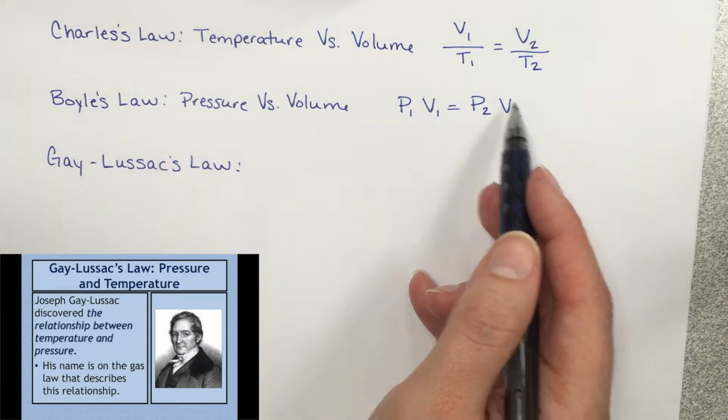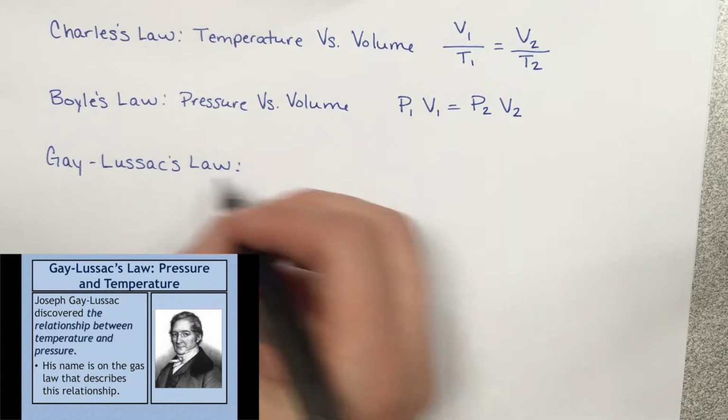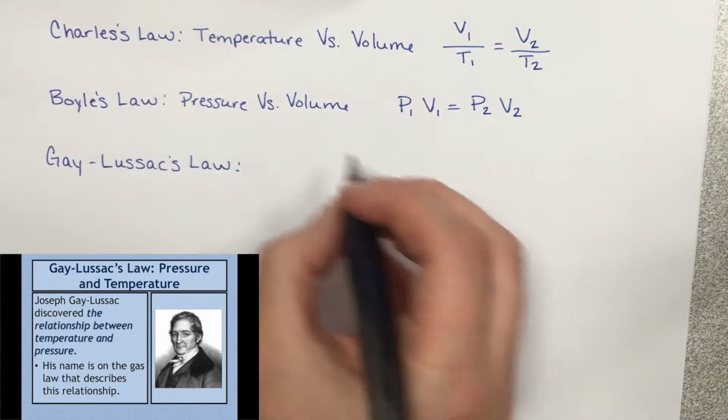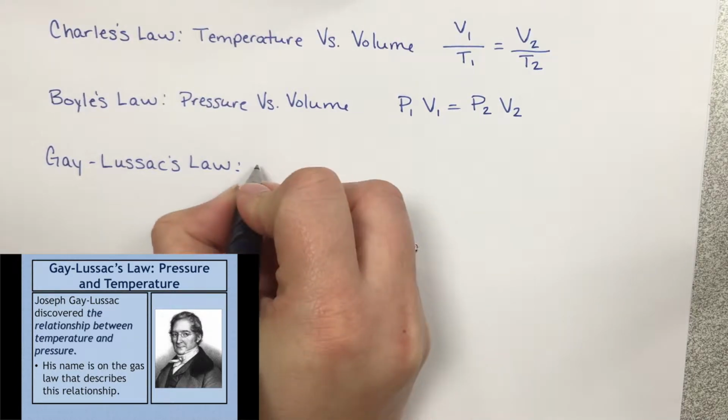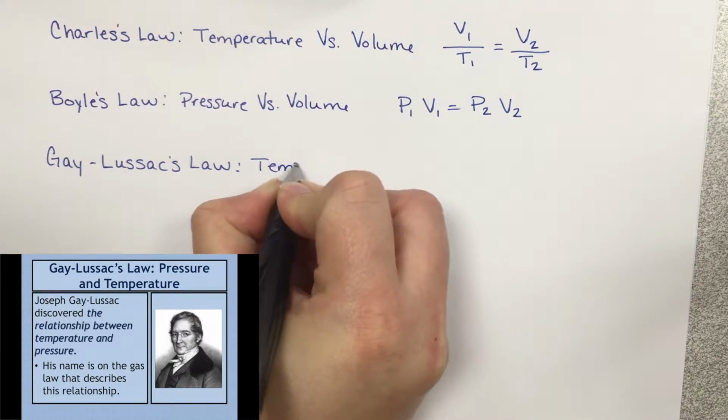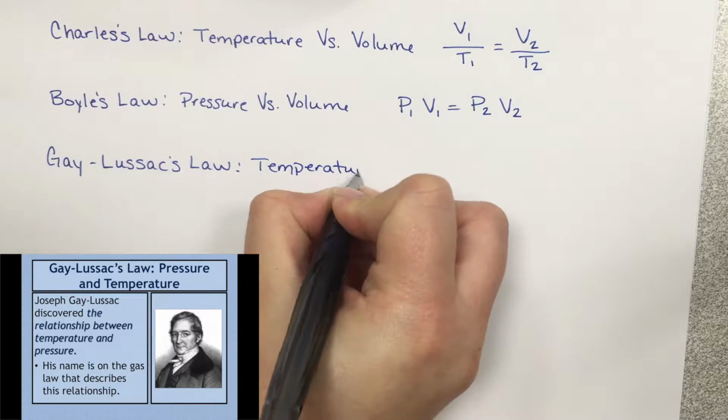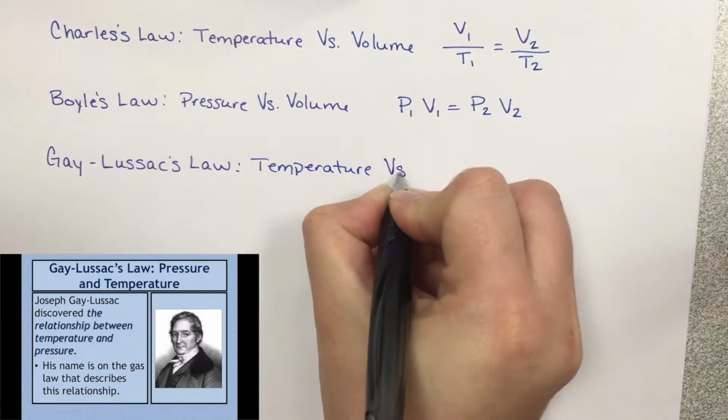We have the same type of equation for Boyle's law. Gay-Lussac's law also has an equation, and this equation is the relationship between temperature and pressure.